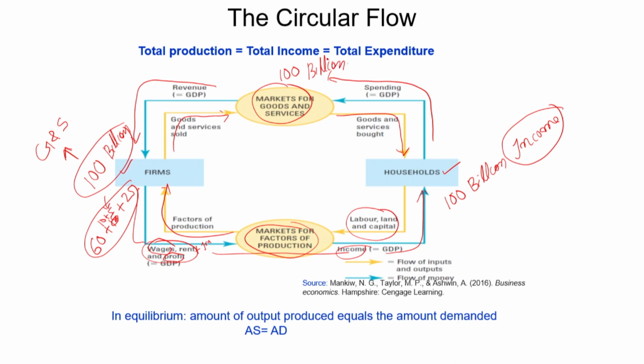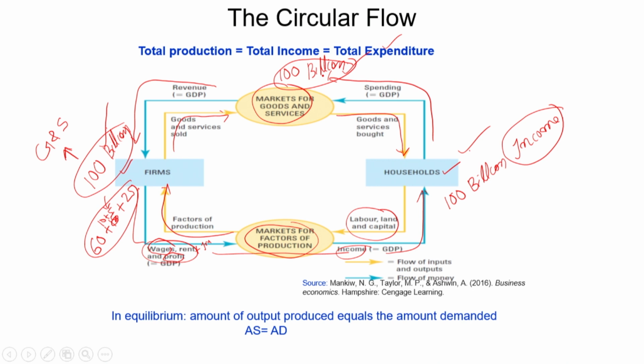So what we are seeing is that on one side the total production is, for example, 100 billion. Here is the total income, 100 billion, and the total expenditure is again 100 billion.